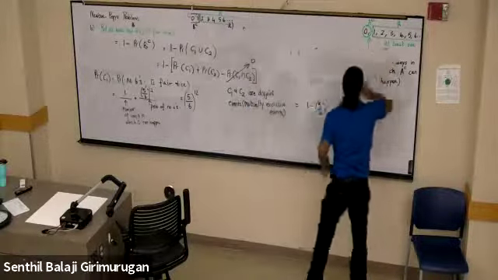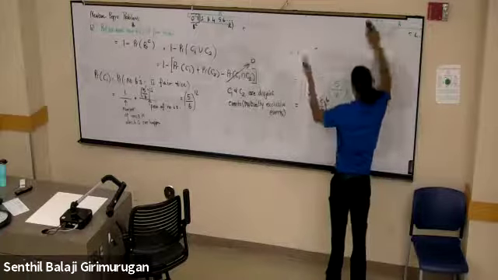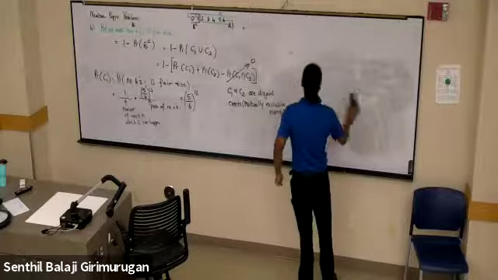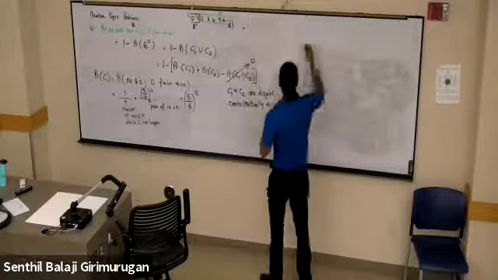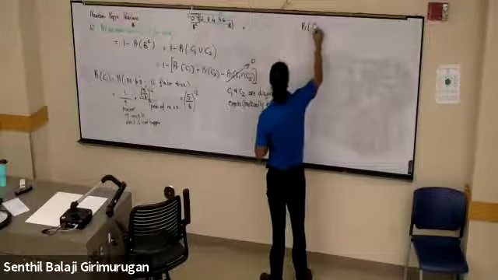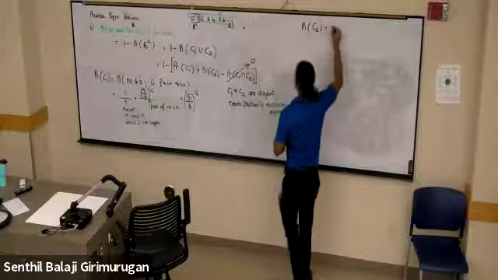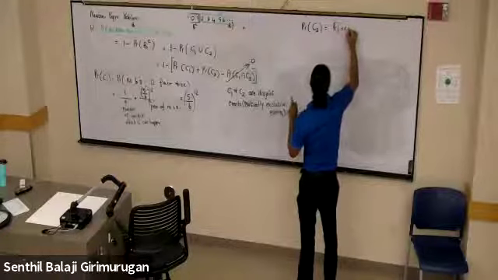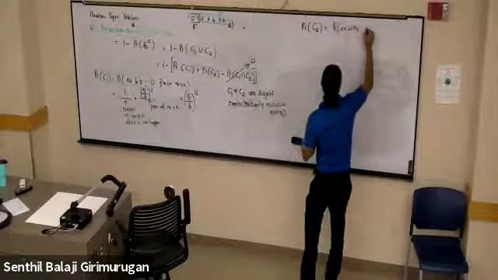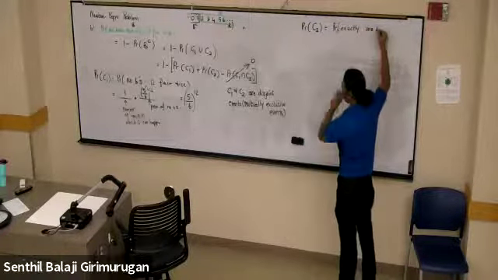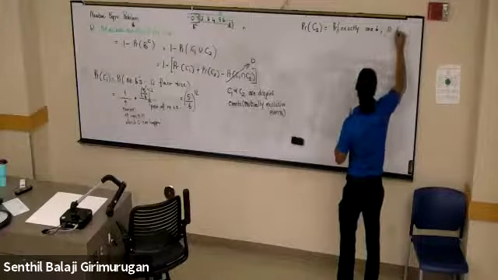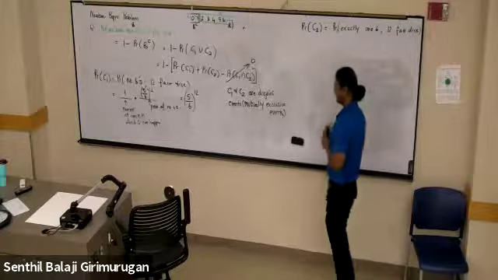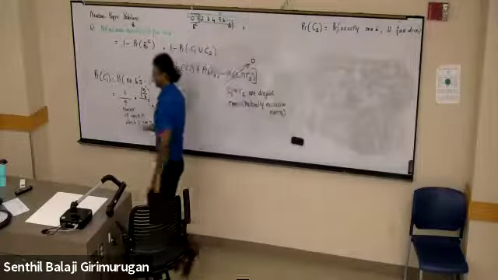Are we done yet? No, we've got another bit, the probability of C2, which would mean the probability of exactly one 6, and we're rolling 12 fair dice. Now this is kind of tricky.